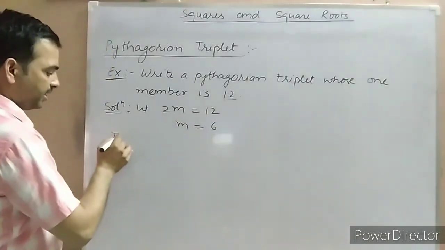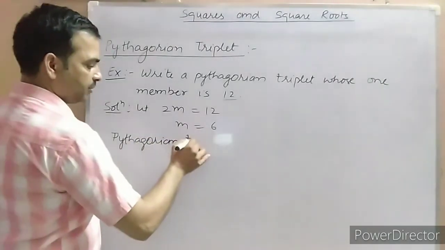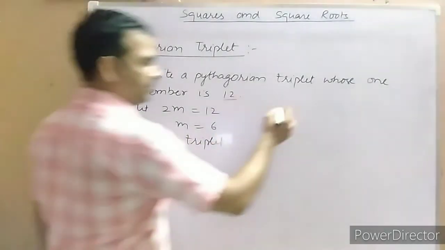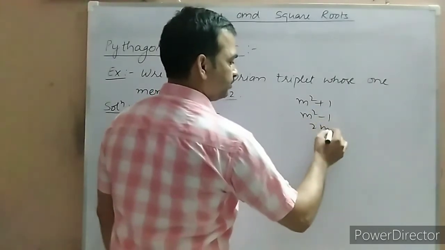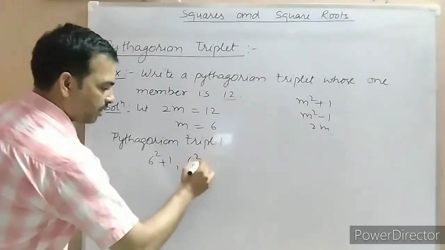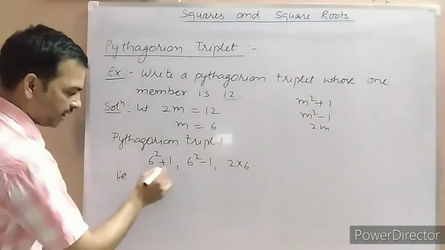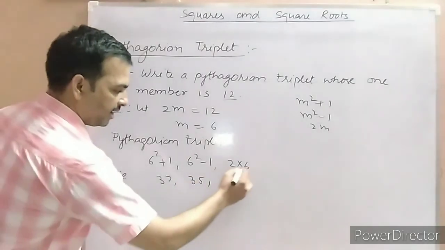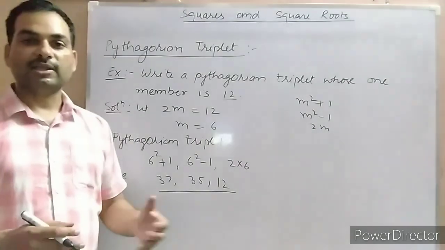Then the Pythagorean triplet is, as we know, m square plus 1, m square minus 1 and 2m. So here 6 square plus 1, 6 square minus 1 and 2 into 6, that is 36 plus 1 is 37, 36 minus 1 is 35, and 6 into 2 is 12. These three numbers form a Pythagorean triplet.